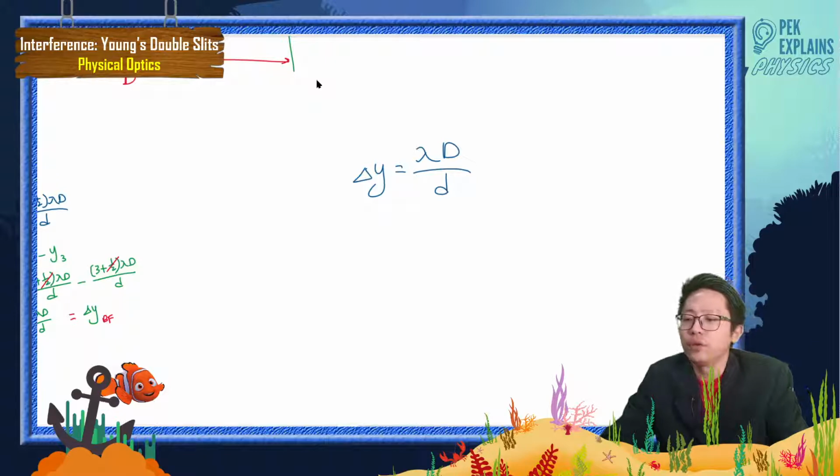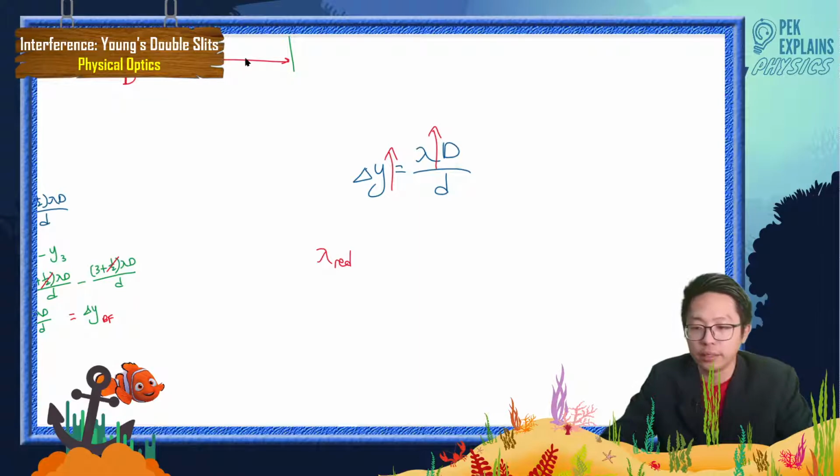Let's talk about lambda. If you have a longer wavelength, you get a bigger delta y. What does it mean? Let's compare between two wavelengths. Let's say I use red light and blue light.